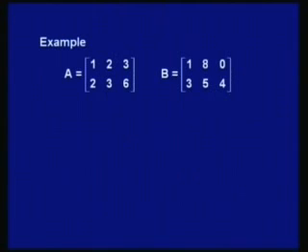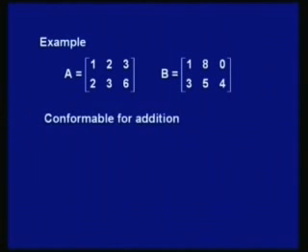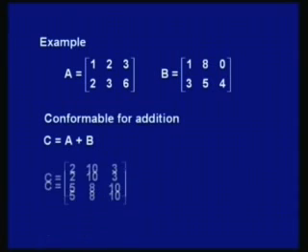In the example, one can take the 2 by 3 matrix A as 1, 2, 3 in the first row, 2, 3, 6 in the second row. The matrix B is also of order 2 by 3, consisting of first row as 1, 8, 0, the second row as 3, 5, 4, and they can be added because they are conformable for addition, and the result is the C matrix obtained as A plus B as this matrix.